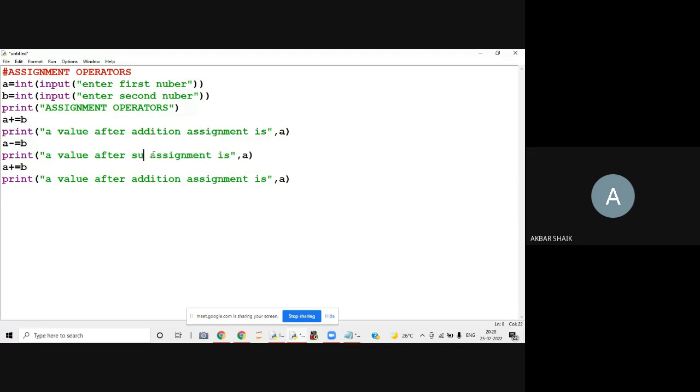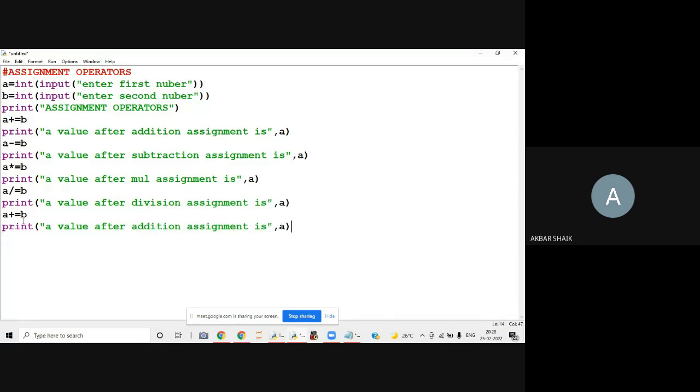A value after subtraction assignment is A. A value after multiplication assignment is A. A value after division assignment is A. A value after floor division assignment is A. A value after modulo assignment is A.